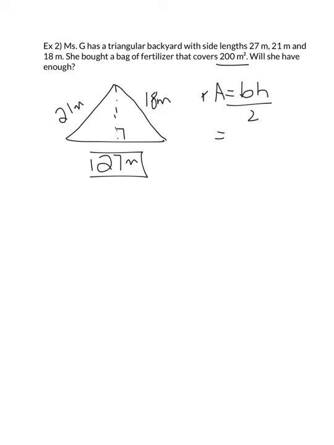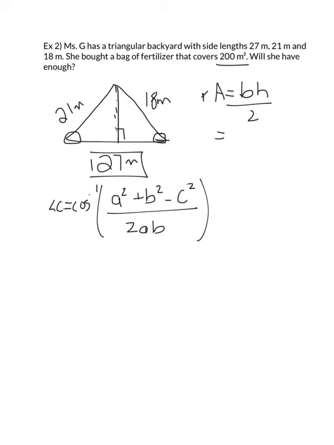I could either be finding this angle in the bottom right or this angle in the bottom left to help me find this height. I'm just going to be choosing this angle in the bottom right just for fun. So now I have my formula. Angle C is equal to cos inverse of a squared plus b squared minus c squared divided by 2ab.